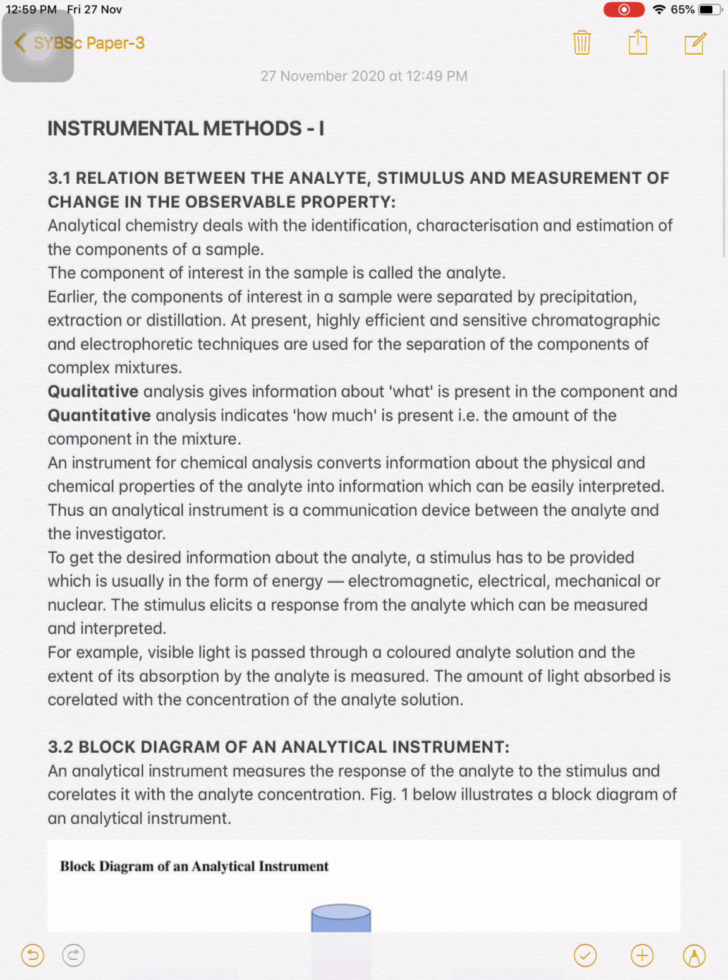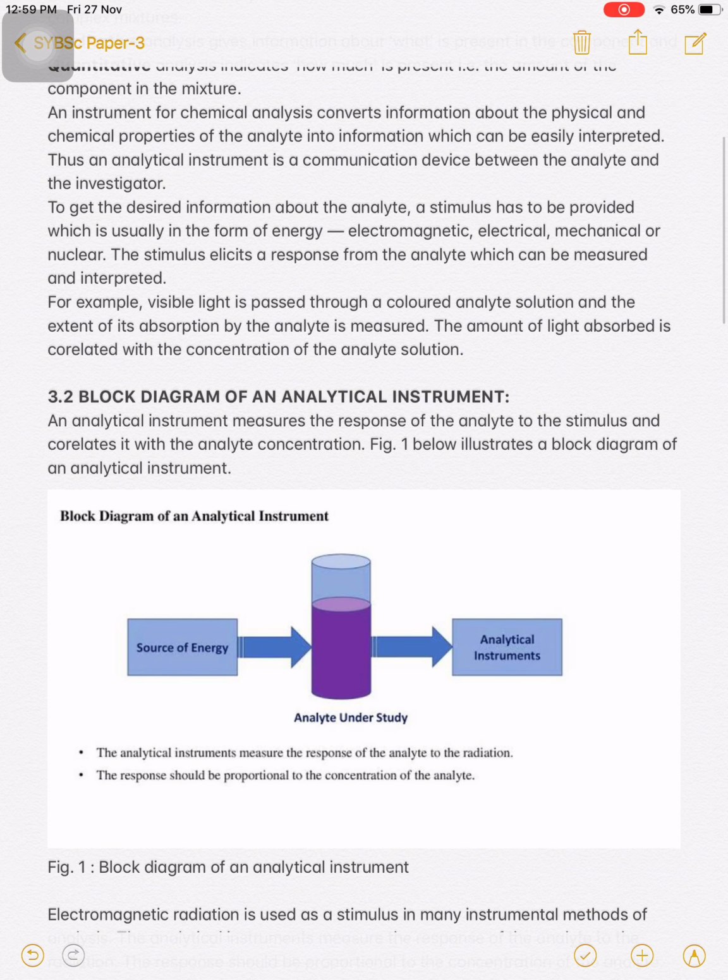So just in 1 minute I will revise this point. What we are going to study here in this topic is different instruments and use of these different instruments for the analysis of the component. So we must know what is meant by qualitative analysis and what is meant by quantitative analysis.